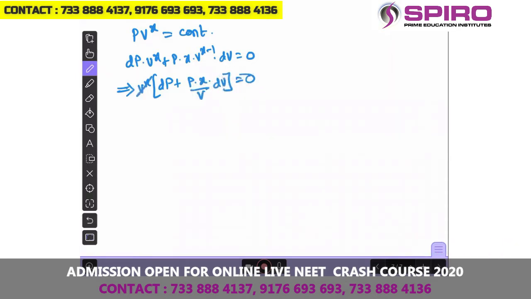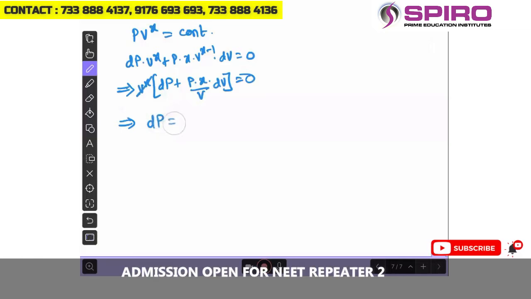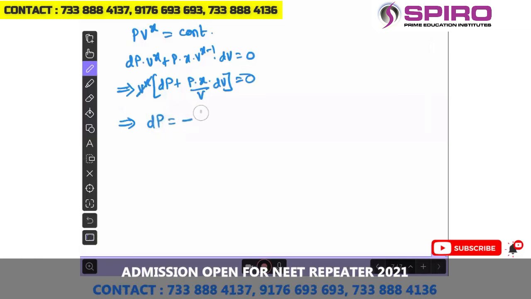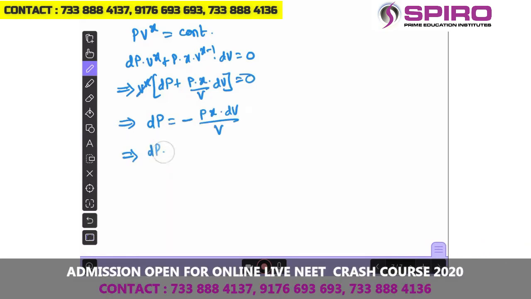Of course, we can take V power x common and simplify: dP plus P x divided by V dV equal to 0. The V power x cancels, and then dP is equal to minus P x dV divided by V. So now V dP divided by P dV is equal to minus x, right?